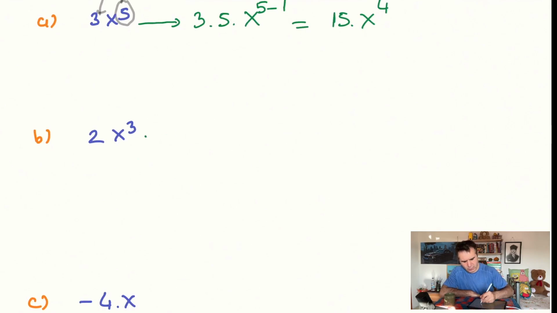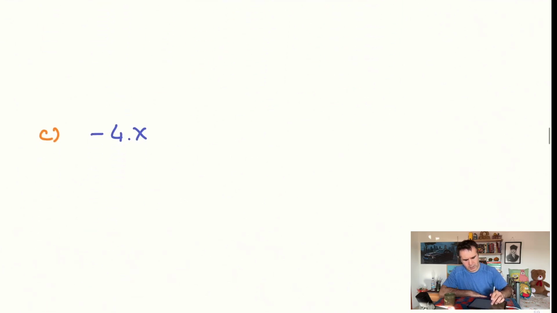And here for the 2 times x cubed, constants don't change how the derivative works, so we write 2 here, and then the exponent will come here as multiplication, 3 times, and then we will subtract 1 from the exponent. Then the derivative will become 6 times x to the power of 2, x squared. For the next example, again, constants don't change how the derivative works, and we will write 4 here.